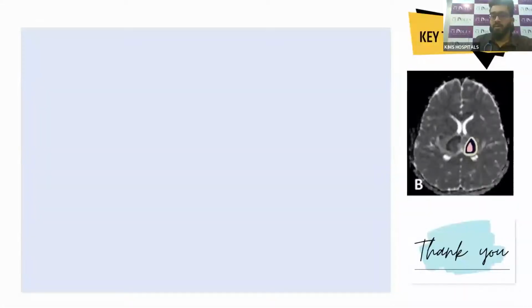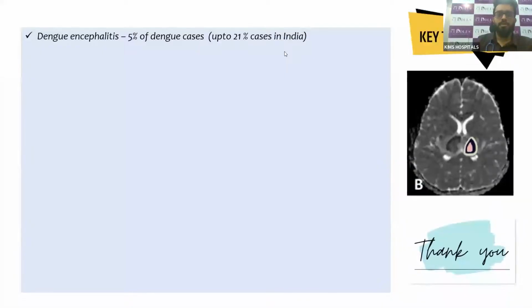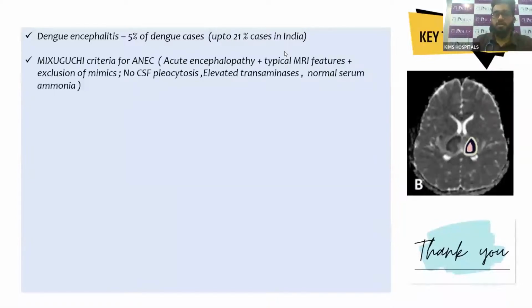So, quickly, the takeaway messages. The first thing: dengue encephalitis accounts for 5% of all dengue cases, and sometimes it can go up to 21% of cases in India. The diagnostic criteria is the Mitsubishi criteria of ANE.